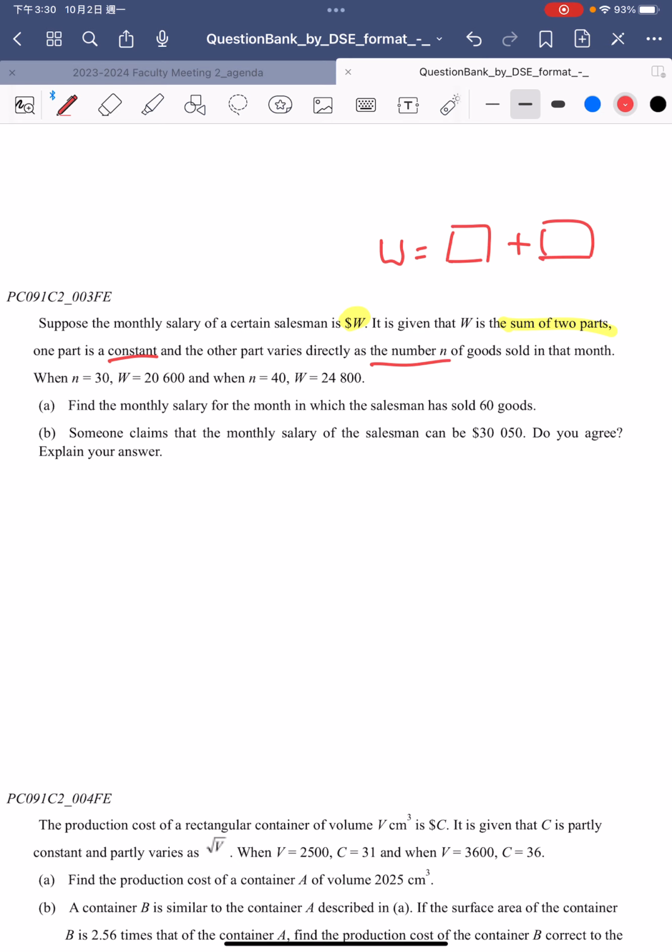So W can be written as K1 plus K2 times n. That's the relationship between W and another variable n. Then we have the conditions: n is equal to 30 and W is equal to 20,600, and n is equal to 40 and W is equal to 24,800.